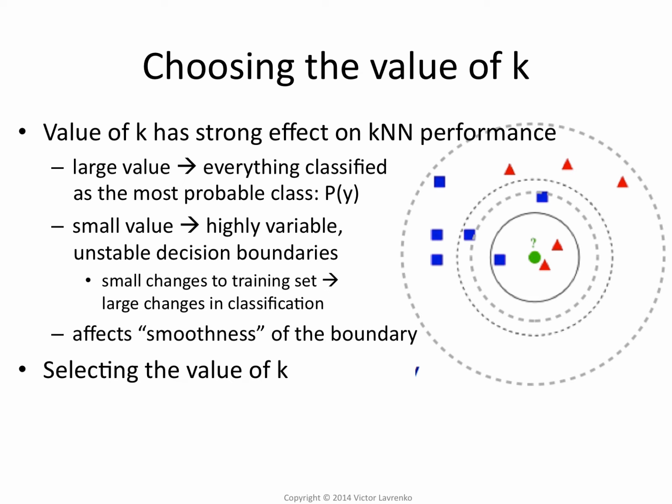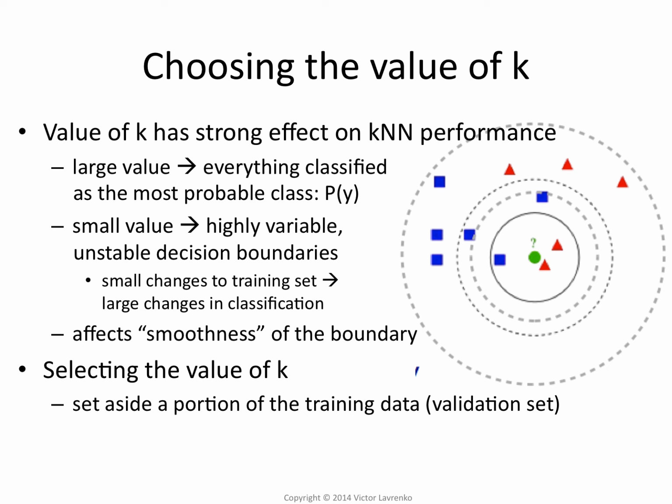So how do you pick something in the middle? You use cross-validation, and here it's critical to use a separate validation set. So you take your training set, you rip out a small portion of it, call it a validation set, and then use that validation set to evaluate different possible values of k.